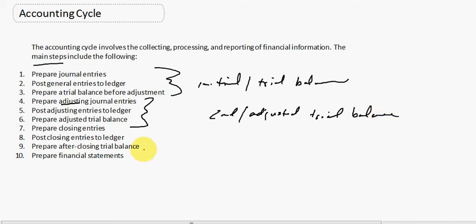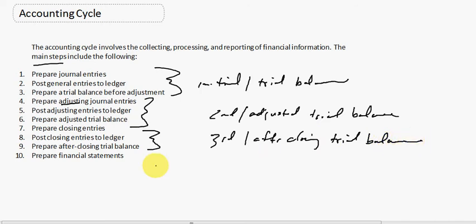From there, you prepare closing entries, post closing entries to the ledger, and then prepare an after closing trial balance. And finally, you prepare your financial statements.